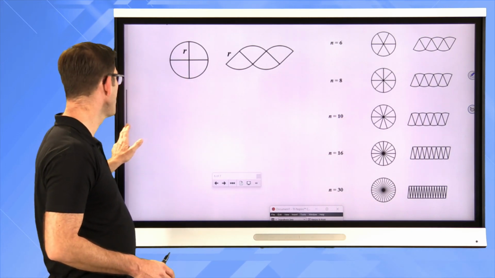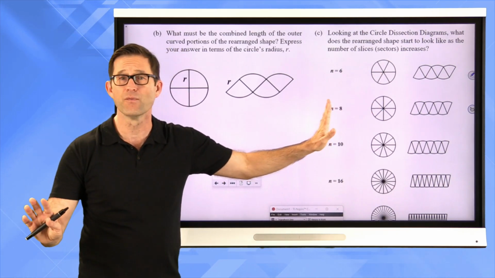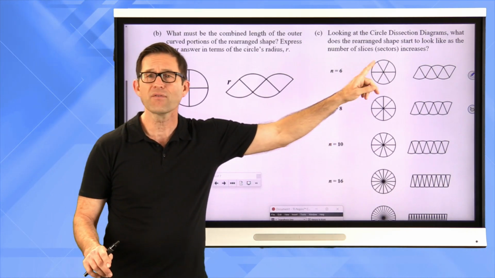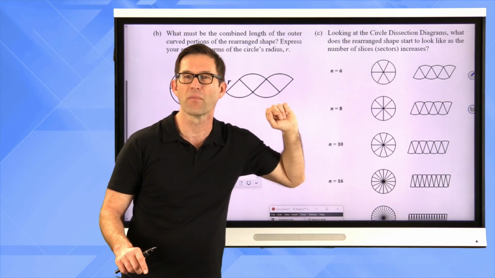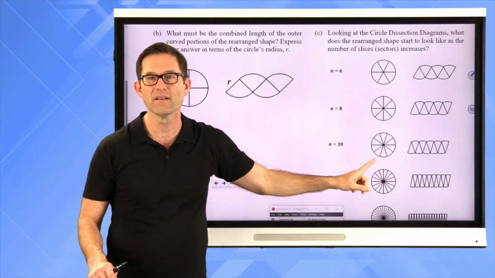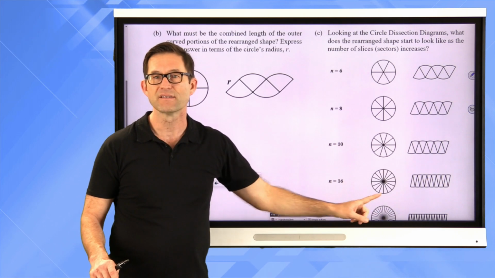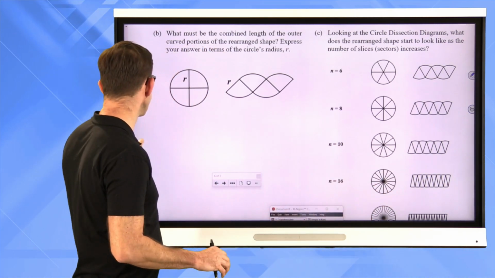All I've done is take a circle, not with a radius of 1, but with a radius of r, and cut it up into equal-sized pie pieces, and then alternatingly put them like that. Then I've cut it into 8 pie piece slices and done that, 10 and done that, 16 and done that, etc. So just to understand what's going on.